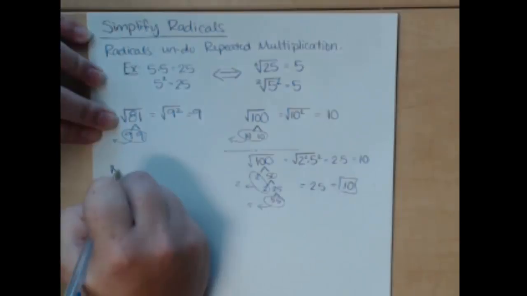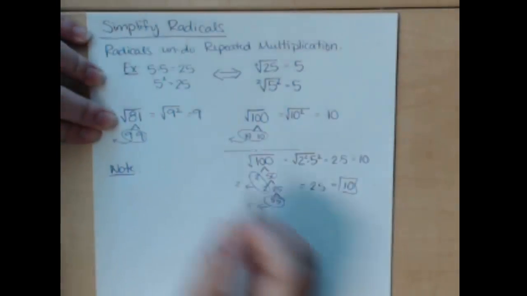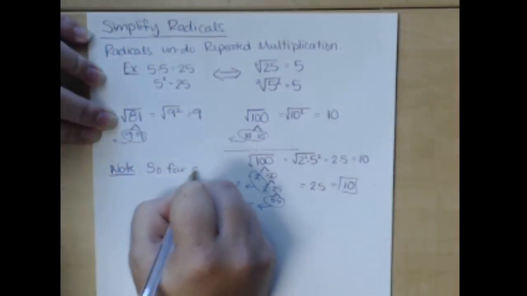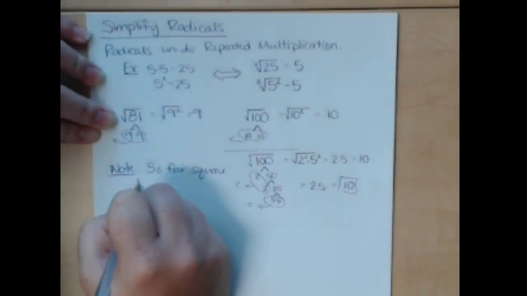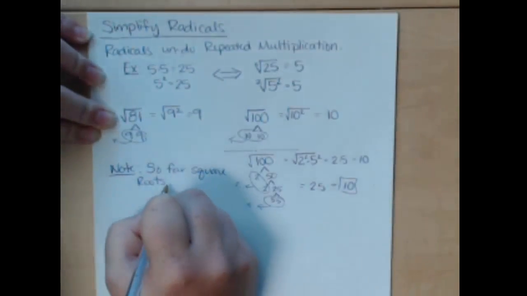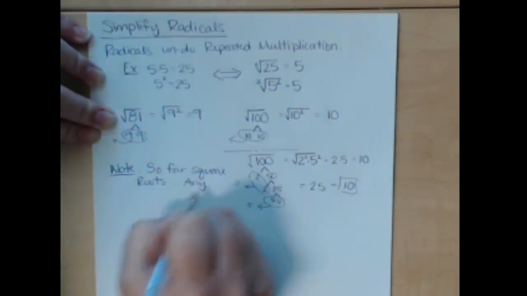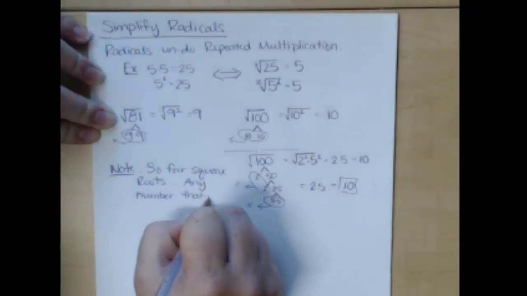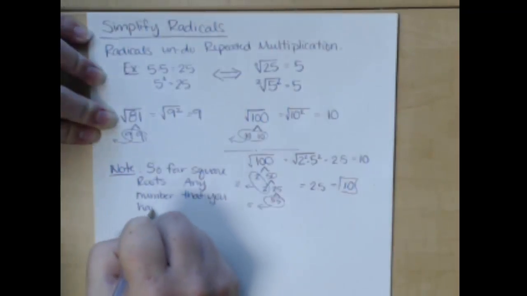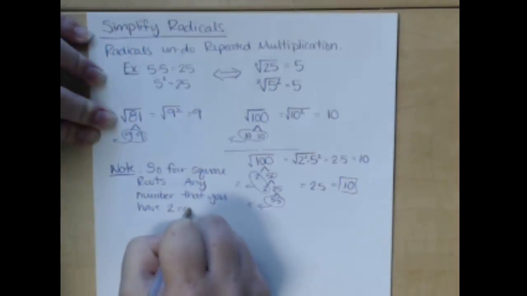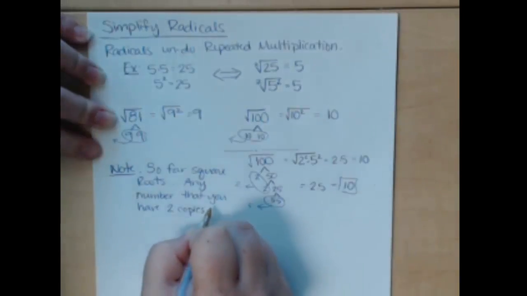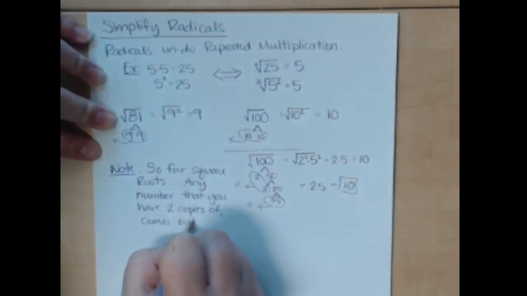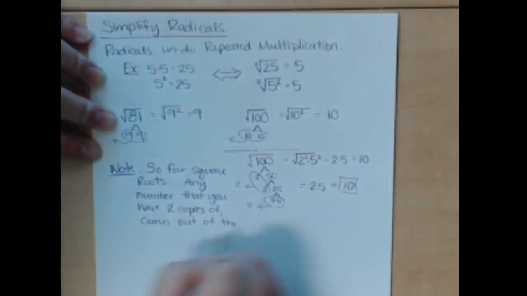So I'm just going to put a little note off to the side here and say, for square roots, any number that you have 2 copies of comes out of the radical.